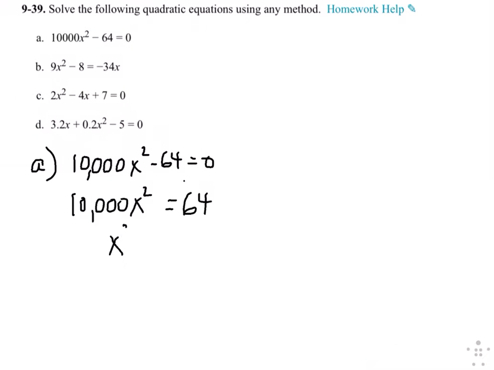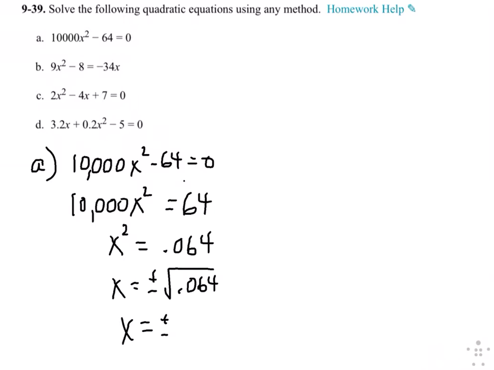So we get x squared equals, what would that be, 0.064, right? And then take the square root of both sides, and we get x equals plus or minus 0.064. So x equals plus or minus 0.08 for A. Okay, let's do B.